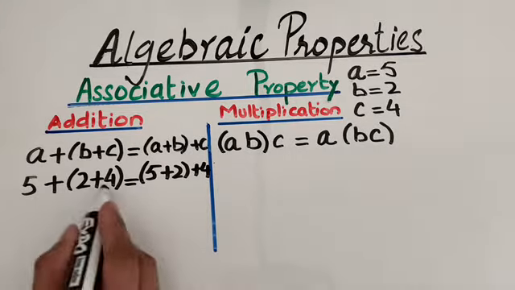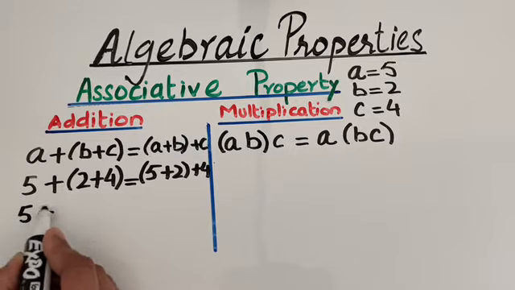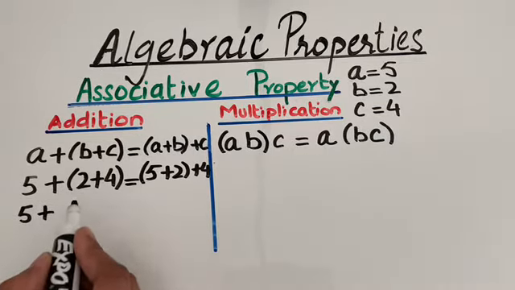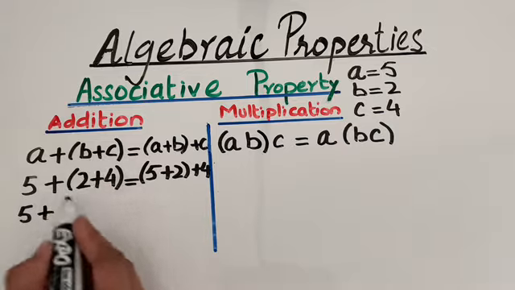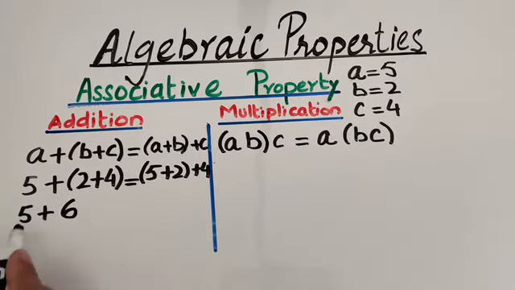Let's solve this side of the equation first. The order of operations says that we solve the parentheses first. So 2 plus 4 is 6. 5 plus 6 is 11.